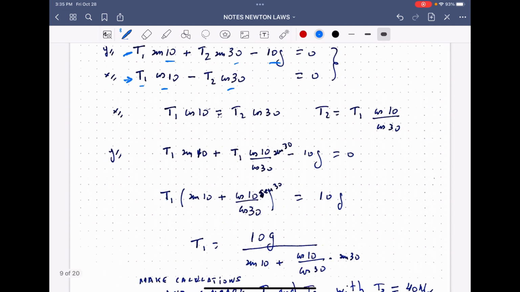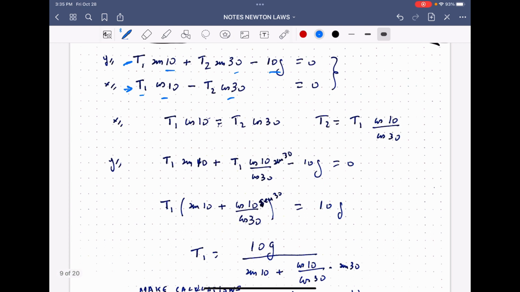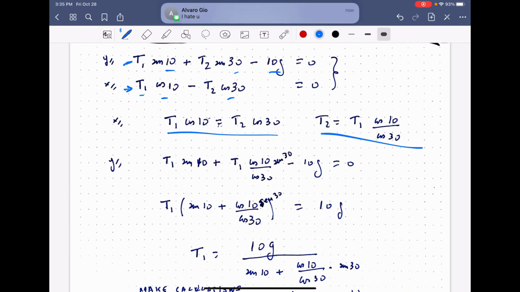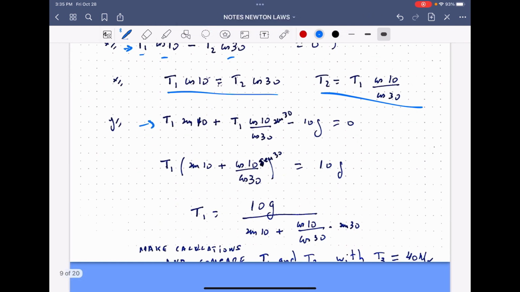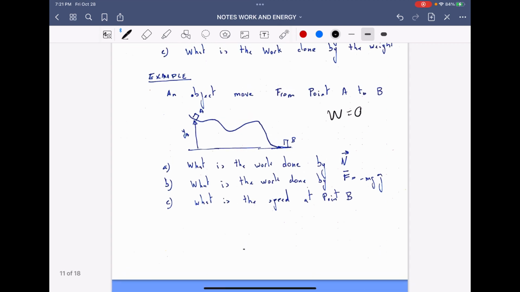And then we just use algebra to solve these equations. For the x part, we just make them equal to each other and then solve the equation right here. And for the y, it's a little bit more complex, but it's also not that hard. So you follow the algebra here and you just get the result right here. That's basically it.